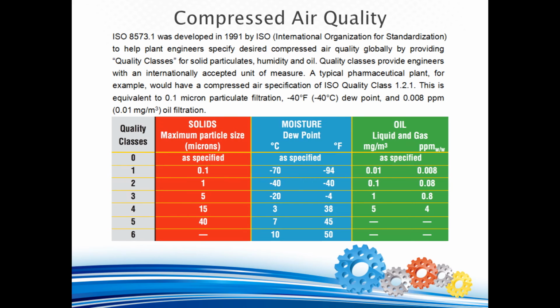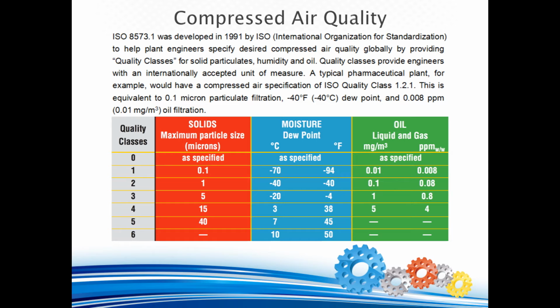Compressed air quality. ISO 8573.1 was developed in 1991 by ISO, the International Organization for Standardization, to help plant engineers specify desired compressed air quality globally by providing quality classes for solid particulates, humidity, and oil. Quality classes provide engineers with an internationally accepted unit of measure.